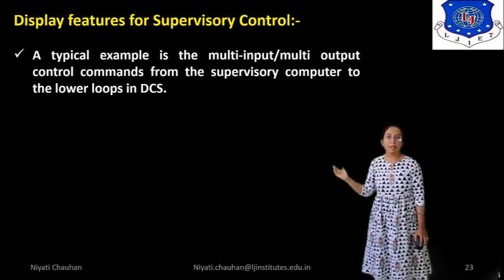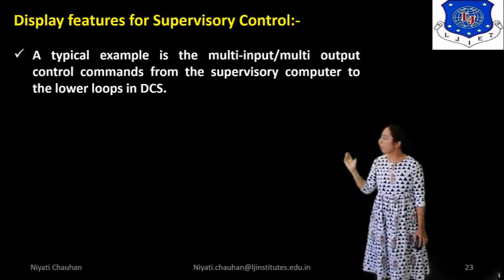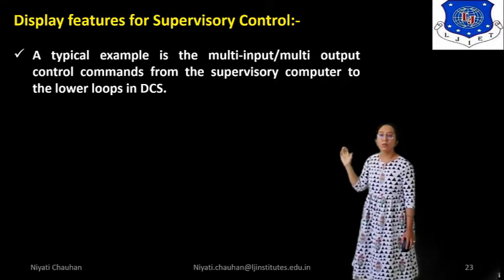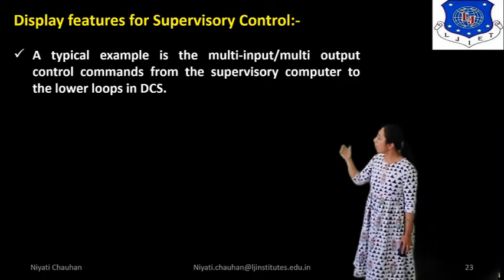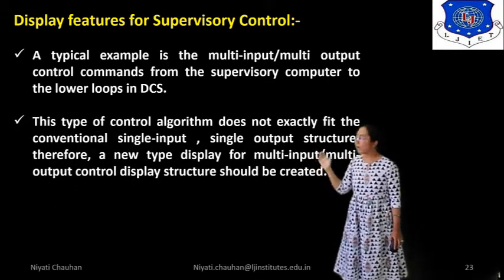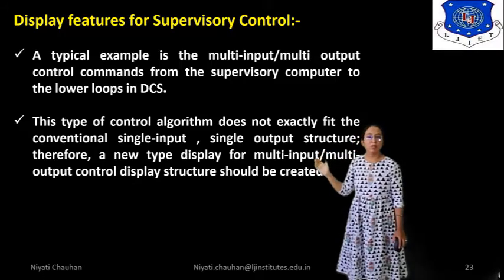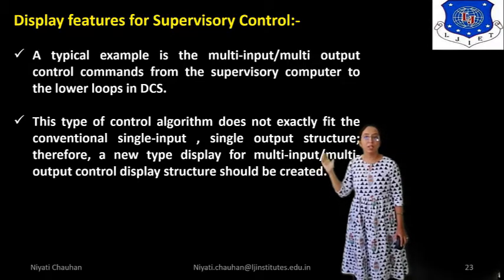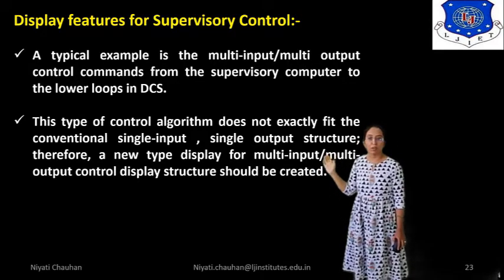A typical example is the multi-input, multi-output control command from the supervisory computer to the lower loop in DCS. This type of control algorithm does not exactly fit the conventional single input, single output structure.